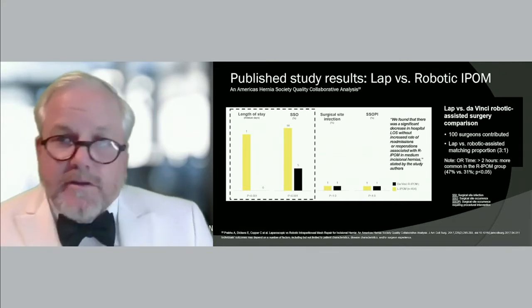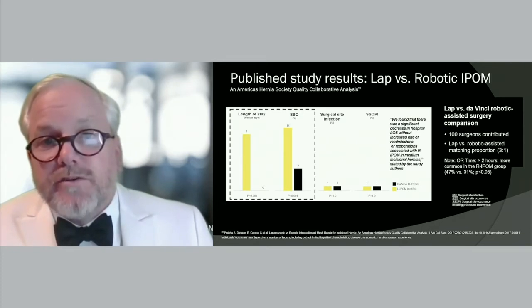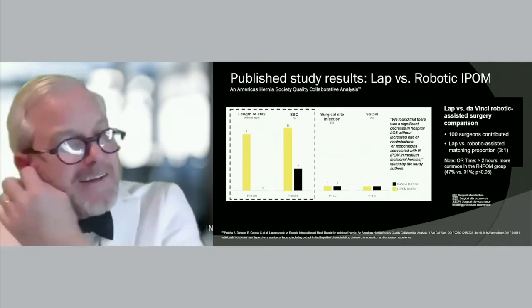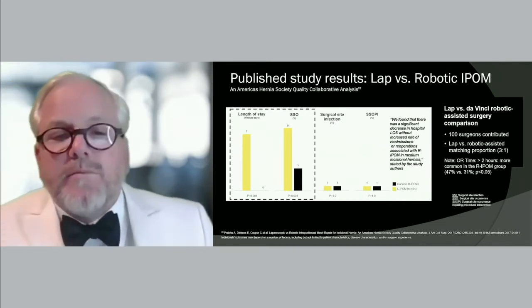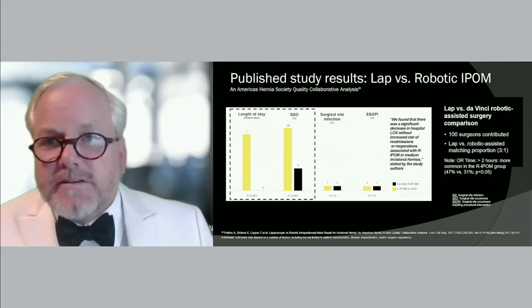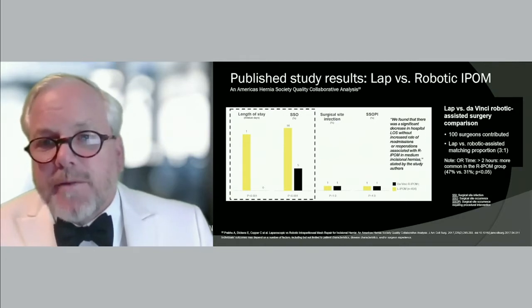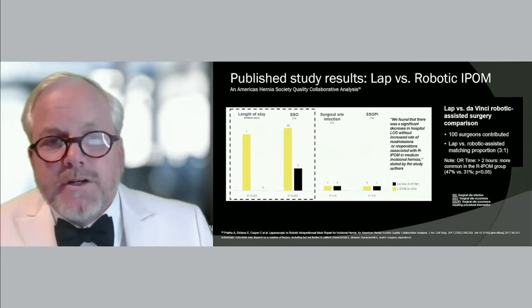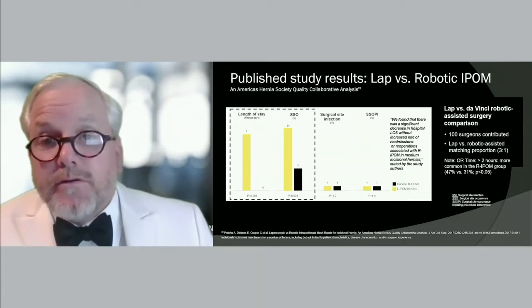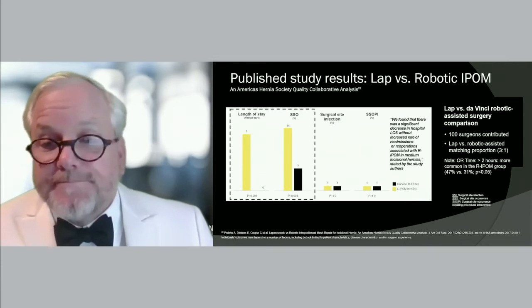Clearly I favor robotic, but there were lower seroma rates, lower surgical site infections, although not drastically different. And then more importantly, the ability to close the fascia was much easier. It was up in the 90% in the robotic group, and it was almost half of that in the laparoscopic group. So really the robot allows you to close that fascia more easily. And then bowel injury wise too, there were 4 bowel injuries in the laparoscopic group and none in the robotic group in this particular study.